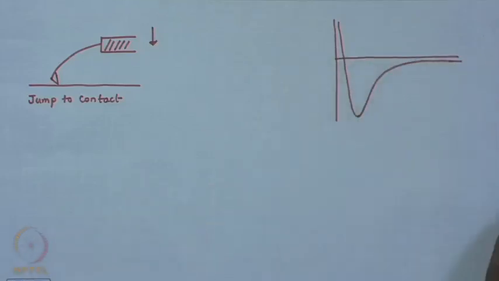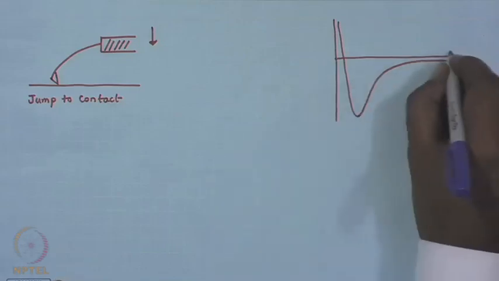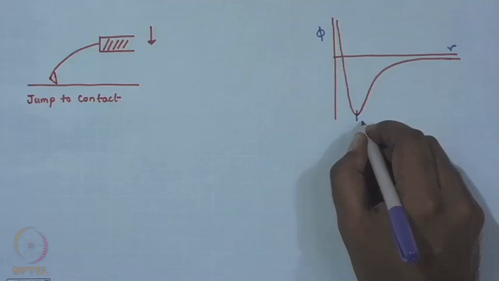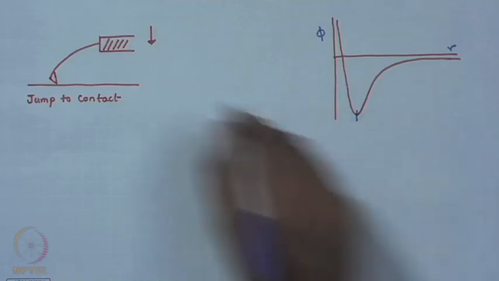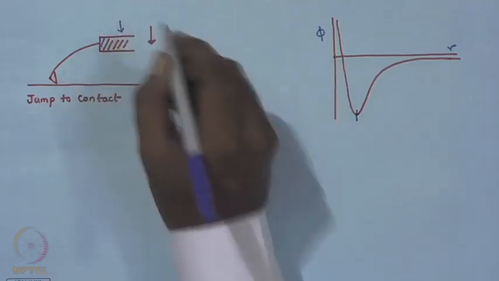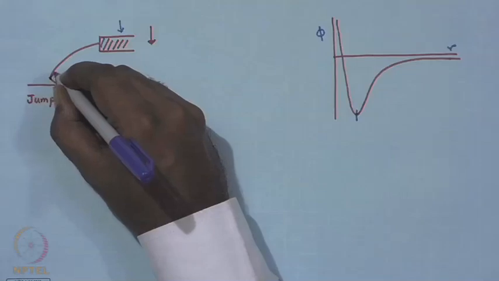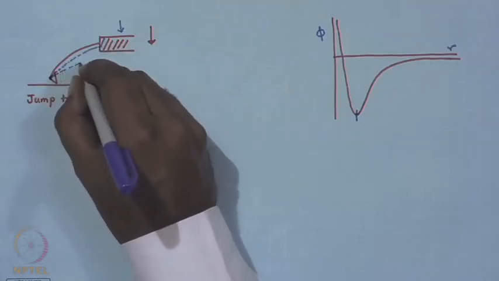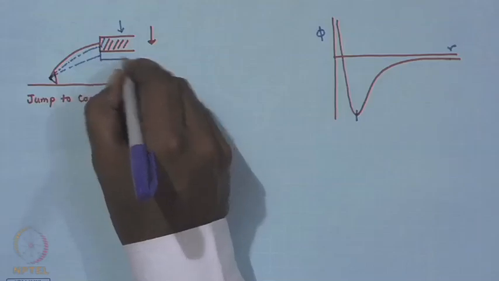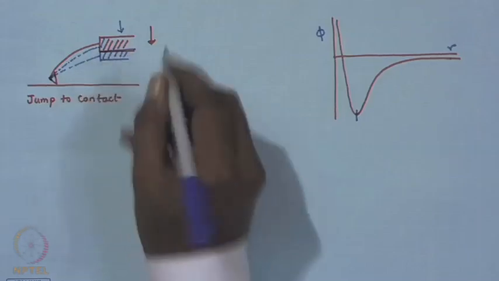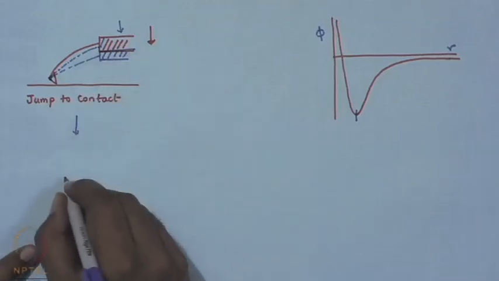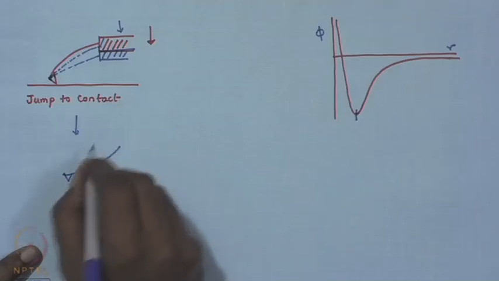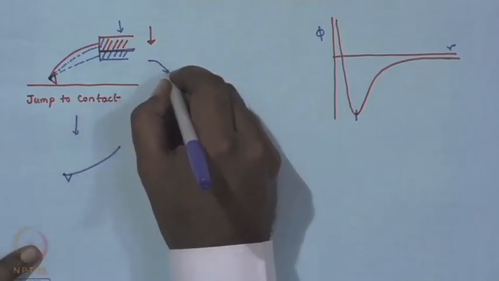It has already jumped to contact. So, we understand in the force curve what the point of contact is, this is the point of contact. The tip is already here, okay, but your stepper motor is still pushing it down. So, what will happen? Progressively the deflection will now reduce like this, and finally, if it still pushes, the deflection will change to something like this.